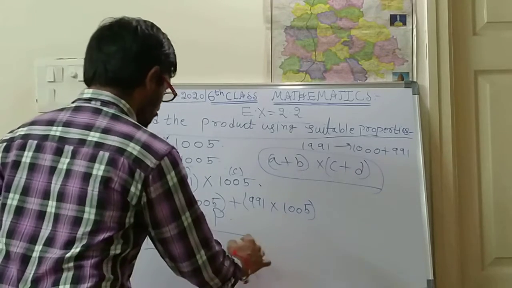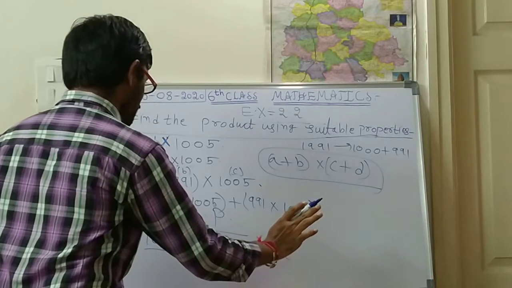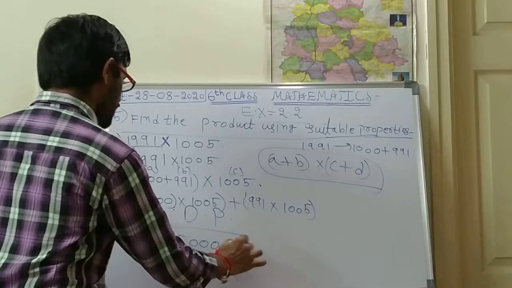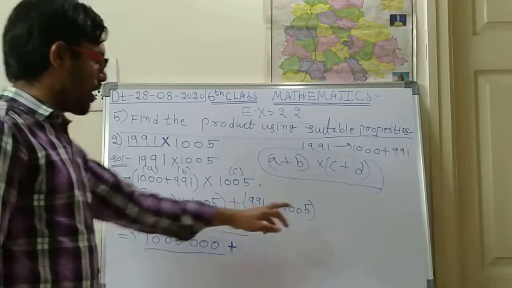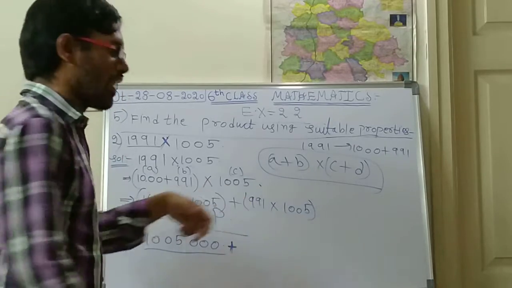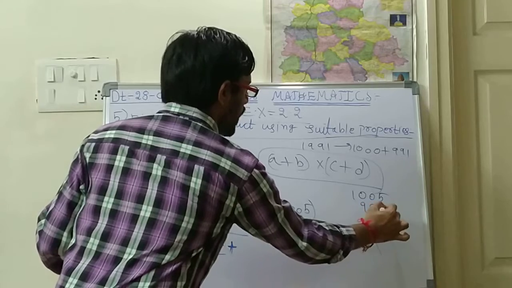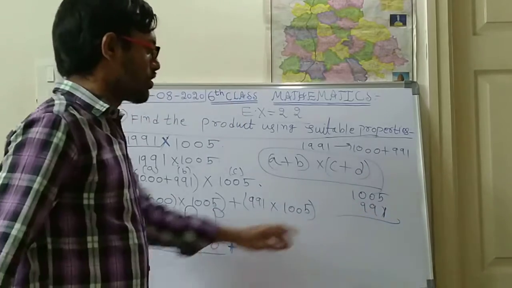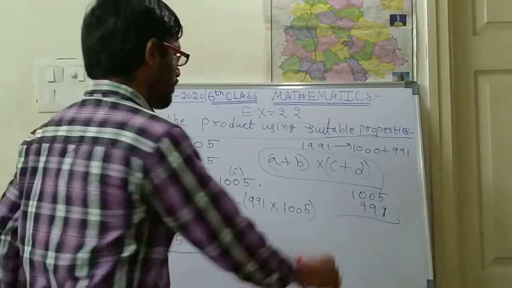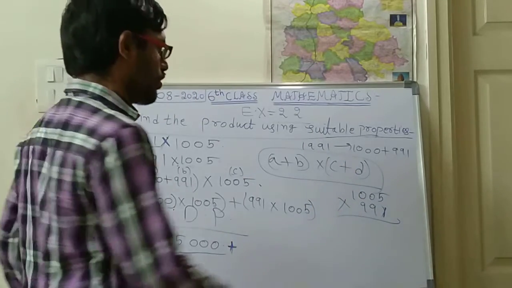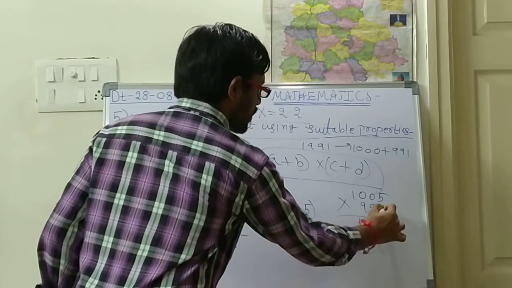Okay, so plus, next 1005 into 991. Here you should struggle somewhat hard. Okay, so 1005 into 991 you should do the same as the previous problem. If you know the multiplication you can do. So 1 into 1005 is 1005 only it will come.